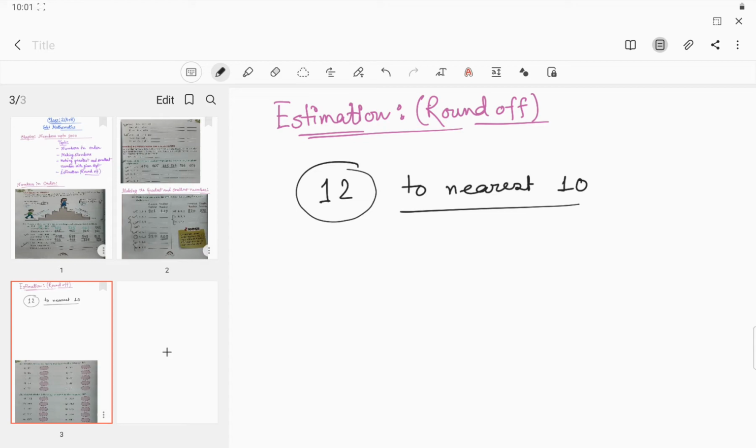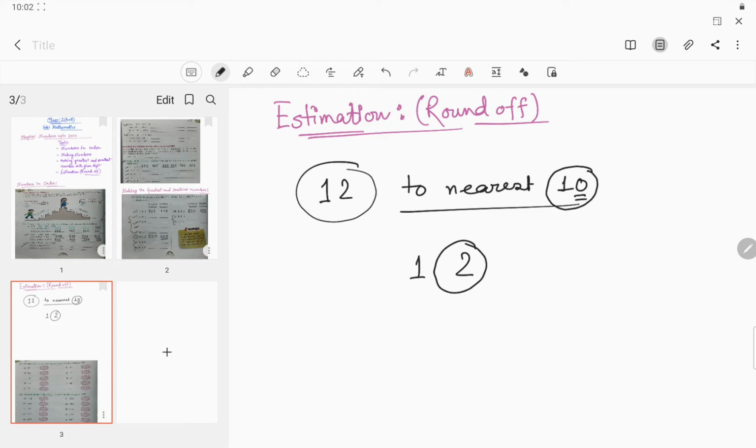So how to estimate? For this question, you are asked to estimate to the nearest 10. So for this question, you have to check the ones digit. So what is the ones digit? It is 2.